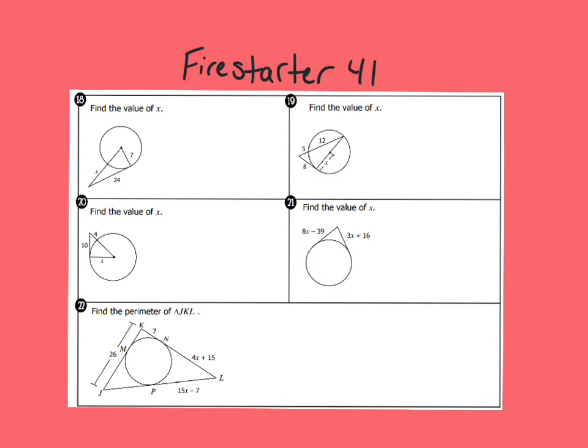Alright, so 18 through 22 are very, very similar. I don't want you to think about x right now in number 18. We'll just call this c.